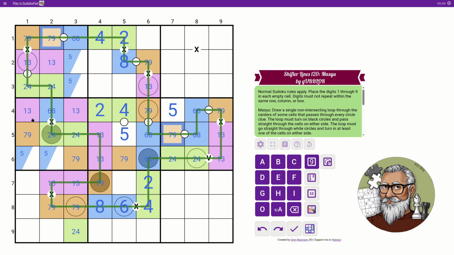Okay, what do I start with? Let's start with these. So these are A, let's say, and these would have to be B. I don't know why that matters, but make it connect. And these would have to be A then.